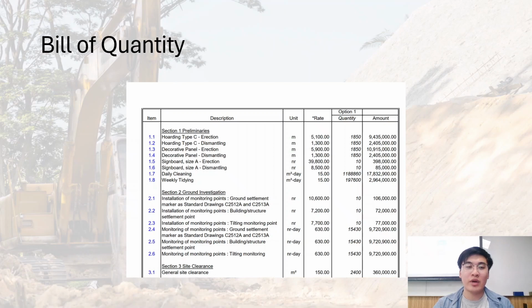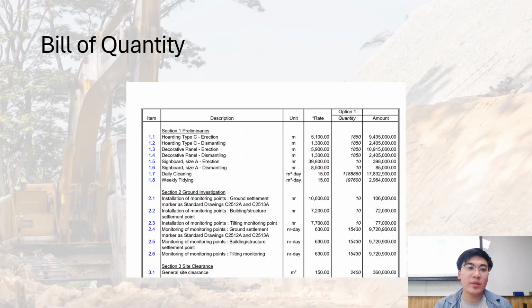Hello, I'm Ian Yong. I'm going to talk about the financial arrangement of this project. Here is the bill of quantities of this project. The first section is about the preliminary works, such as hoarding, decorative panels, and signboards. The price and rate include the labor and material cost. Also, we have the daily cleaning and tidying works, which are continuous across the whole year.